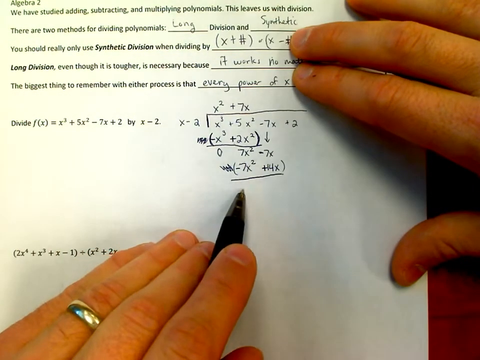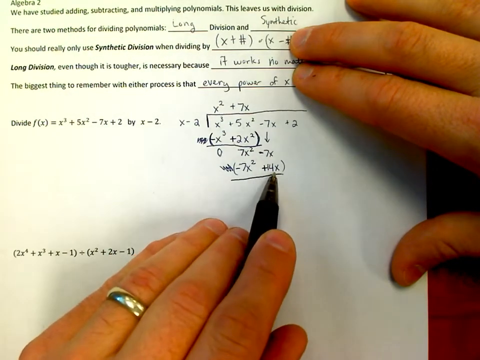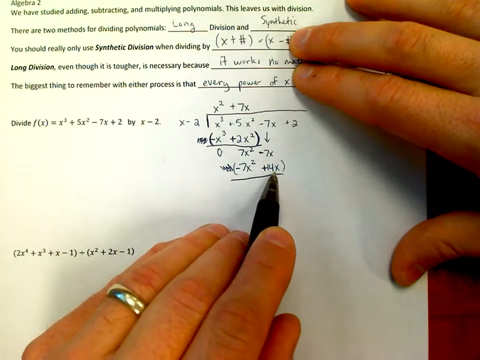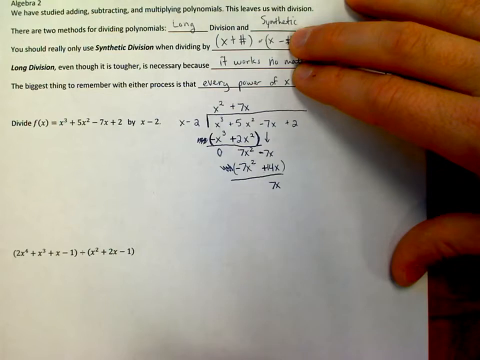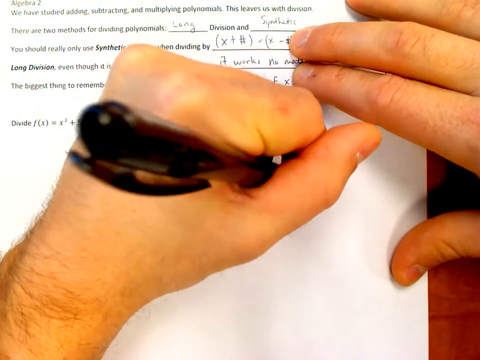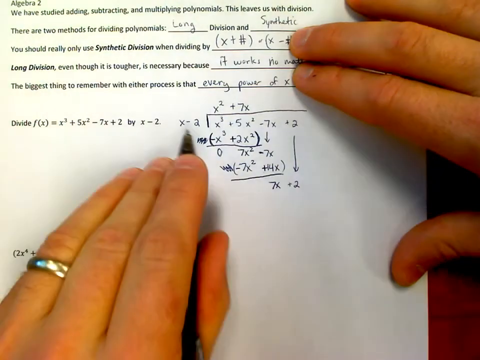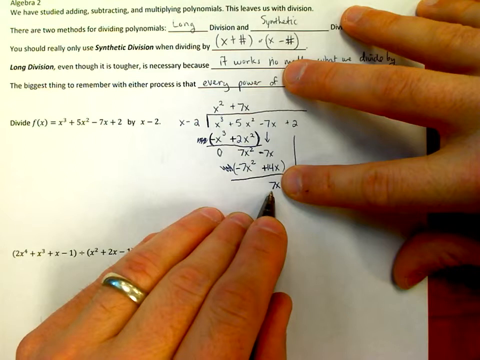7x squared minus 7x squared, nothing. Negative 7x plus 14x's, which is the same thing as subtracting a negative 14x. That gives me 7x's remaining. Now I come through, I drop the positive 2 here, I repeat the process. Does x go into 7x? It does, 7 times.